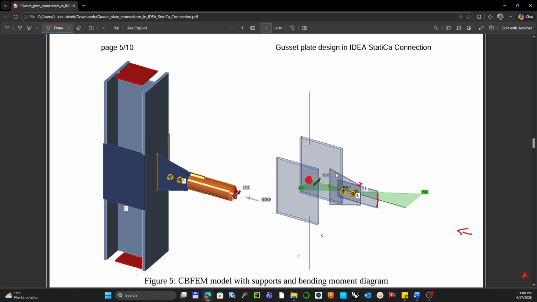But to impose the second order effects and imperfections that you are not able to accommodate in the IDEA StatiCa connection, you basically apply the force here in the shear. And what does it cause? It causes additional bending moments that represent the imperfections and secondary bending moments.